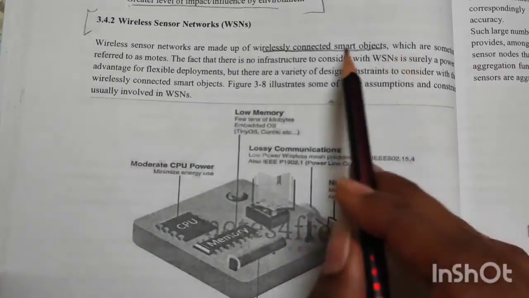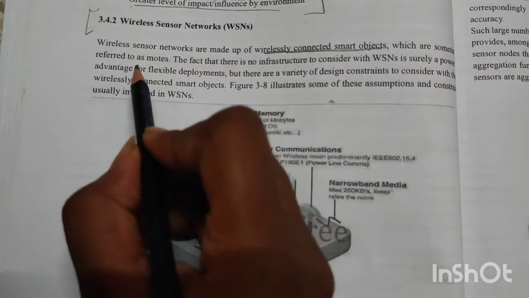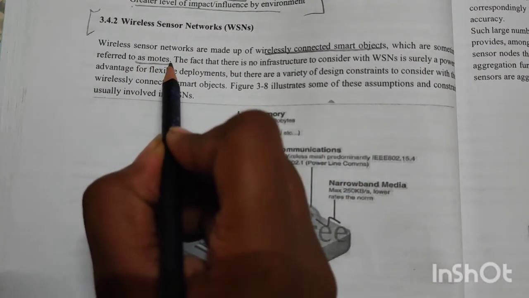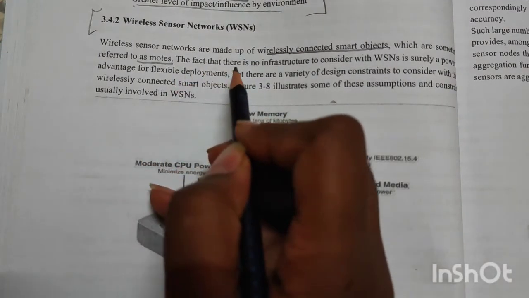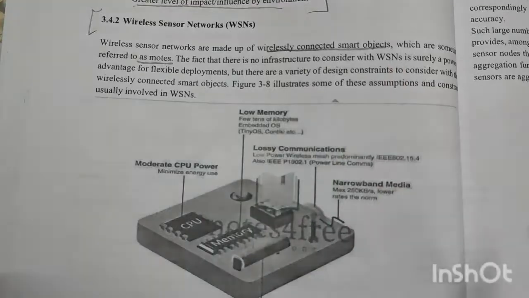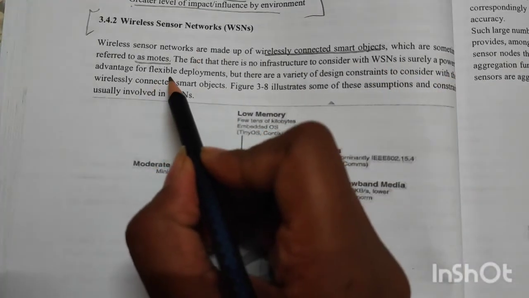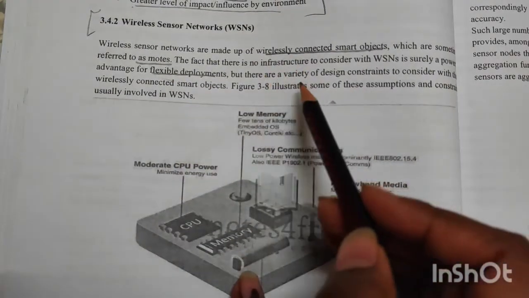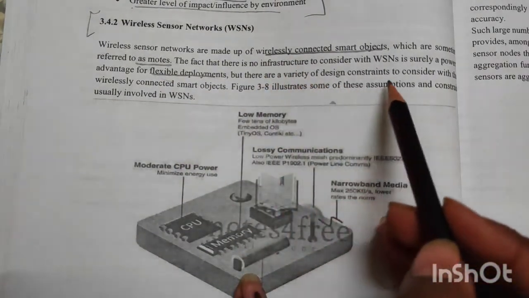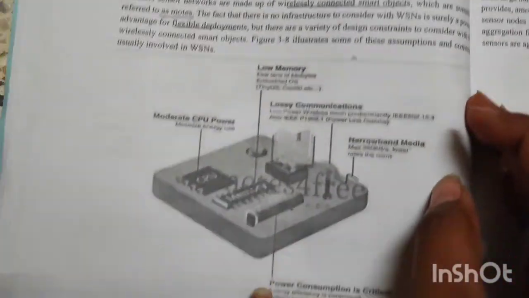Here you're making sure that all the sensors are wireless, and these are referred to as nodes. The fact that there is no infrastructure with the WSN is surely a power advantage for flexible deployment. Since you don't have any wires to bother about, it's a flexible deployment. But there are various constraints also in having wirelessly connected smart objects.